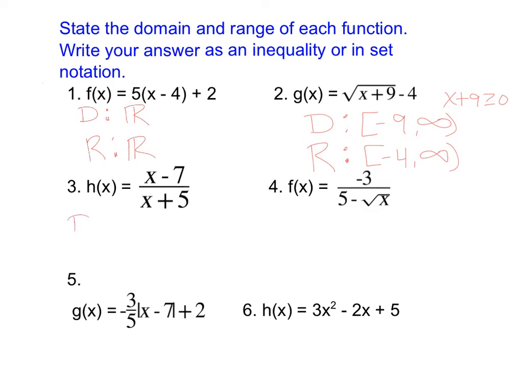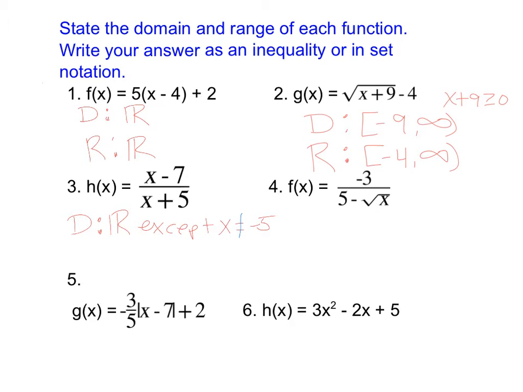All right, domain. When you have a fraction or a rational function, you can't have 0 in the denominator, so it's all real numbers except x equals negative 5. Some people on their summer homework, I did notice, for those who came, did that. That's a double negative, so that means x can't equal 5.